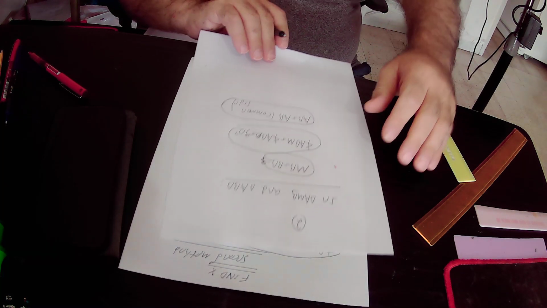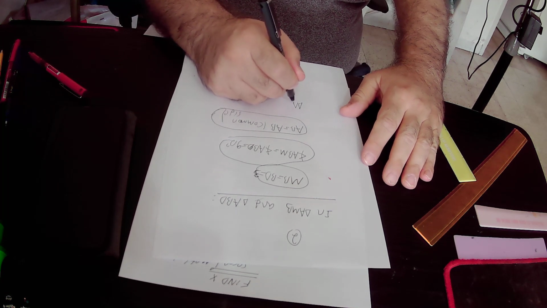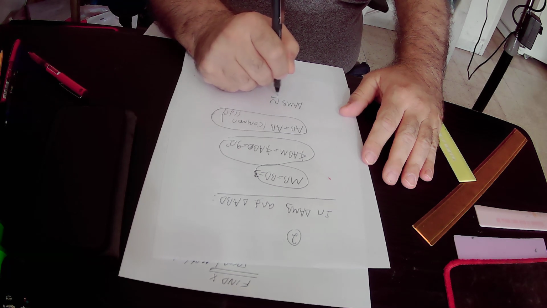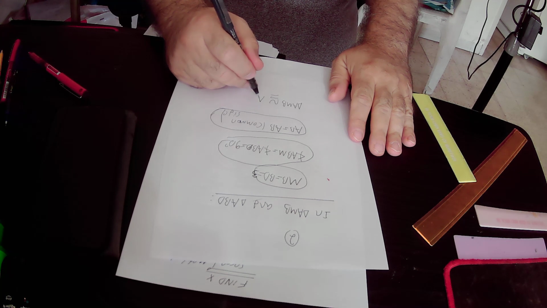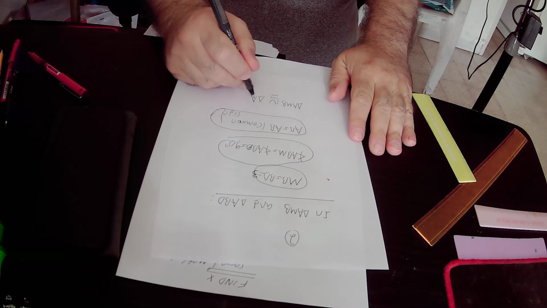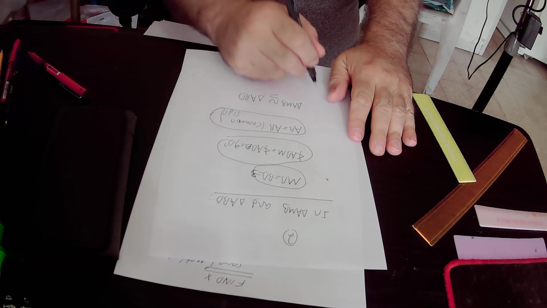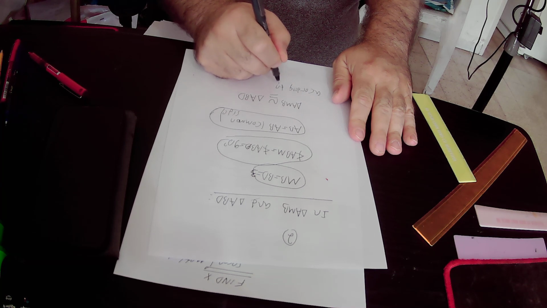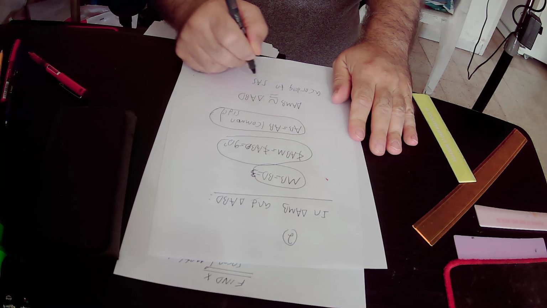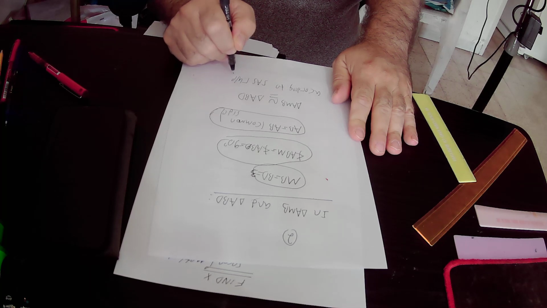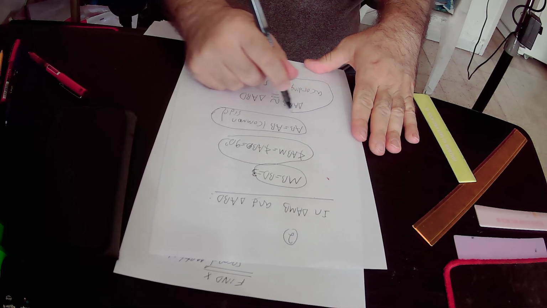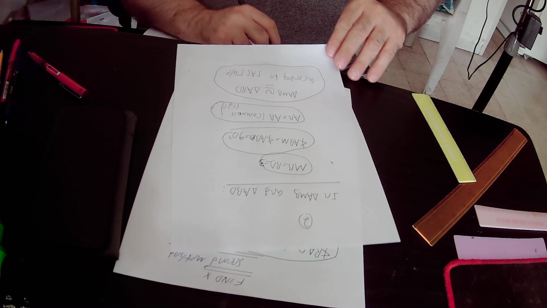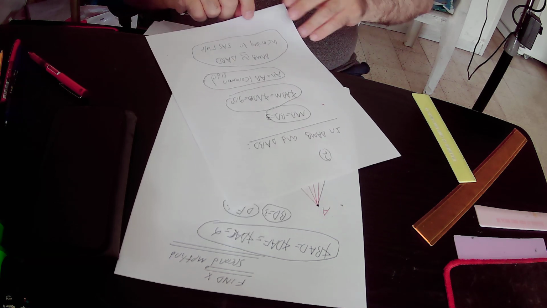Triangle AMB is congruent to triangle ABD according to the side angle side rule.